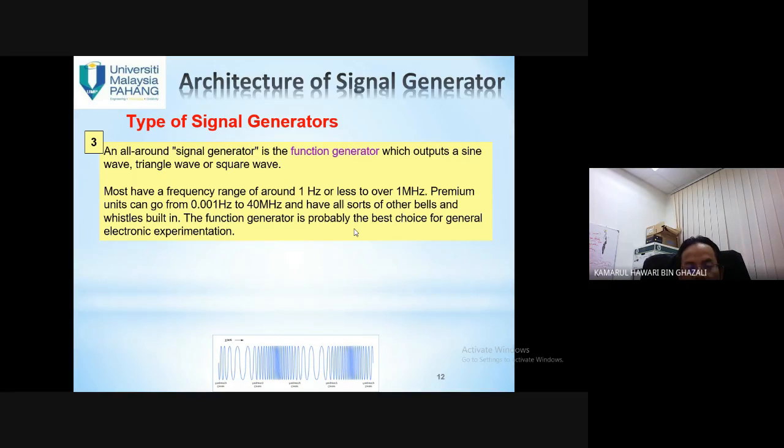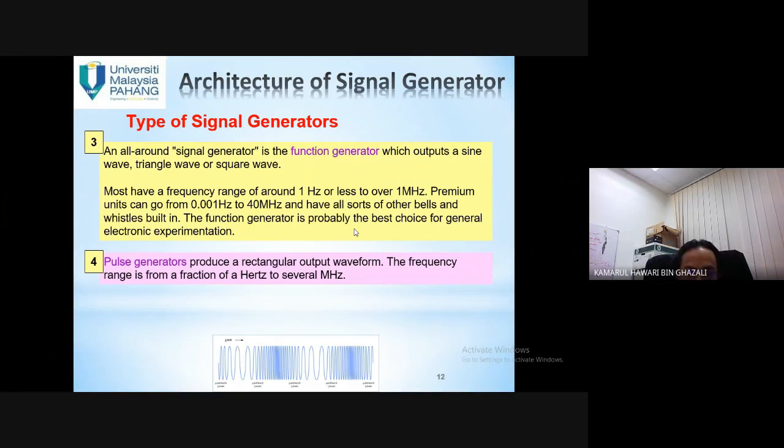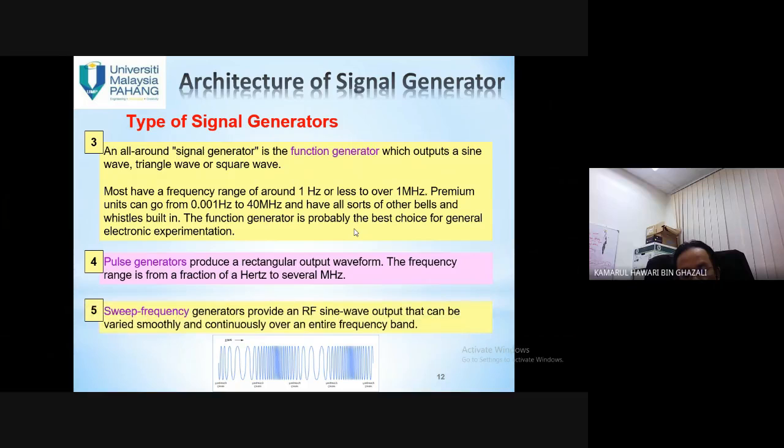Most have a frequency range from around 1 Hz or less to over 1 megahertz. A pulse generator produces a rectangular output waveform. The frequency range is from a fraction of a hertz to several megahertz. Swept frequency generators provide an RF sine wave output that can be varied smoothly and continuously over an entire frequency band.